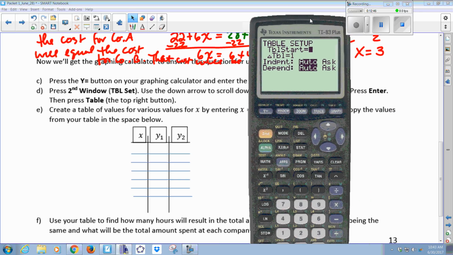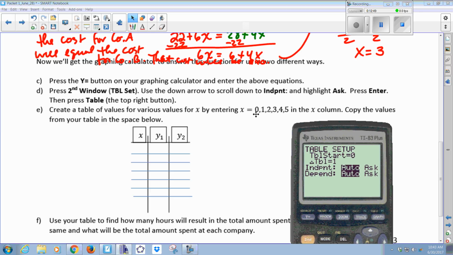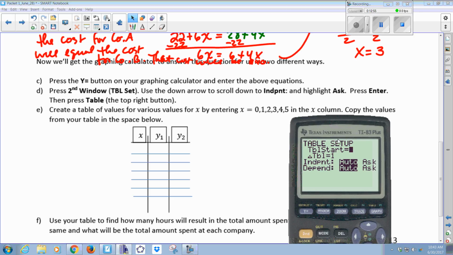We want to set up a table, and we want to put in the numbers 0, 1, 2, 3, 4, 5 for x. So the table setup is going to start at 0 because x is starting at 0, and we're going to increment or change the values of x by 1.